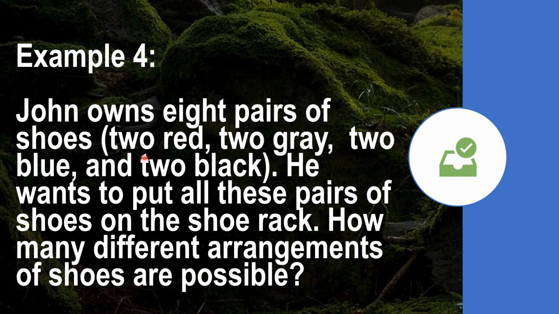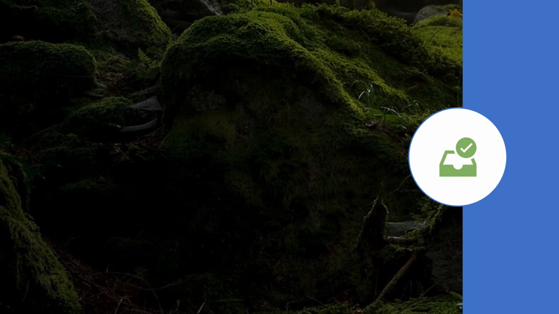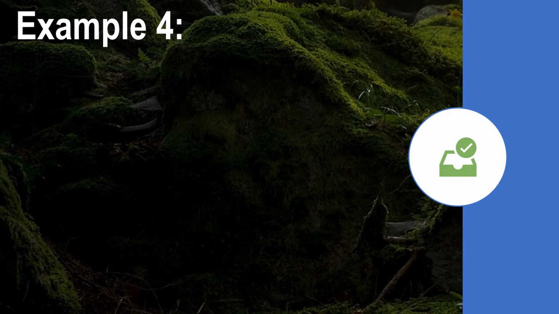Ano ang mga objects na magkakatulad? Dalawang red, dalawang gray, dalawang blue, dalawang black. So, ating denominator ay 2 factorial times 2 factorial times 2 factorial times 2 factorial. So, ngayon i-substitute natin sa formula. So, ang formula natin ay P is equal to N factorial over P factorial, Q factorial, R factorial.